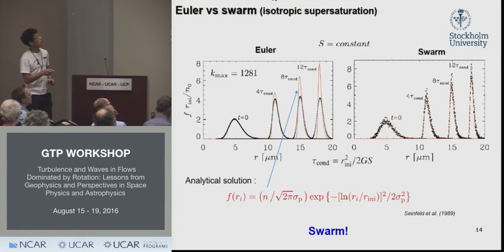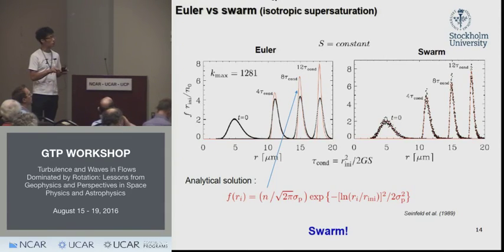So here are some experiments comparing the two simulation methods. Here we use this Eulerian method to simulate the collision. Here we already simulate supersaturation, but we just assume that the supersaturation is constant. And with constant supersaturation, we have an analytical solution of the number density distribution of the cloud droplets.